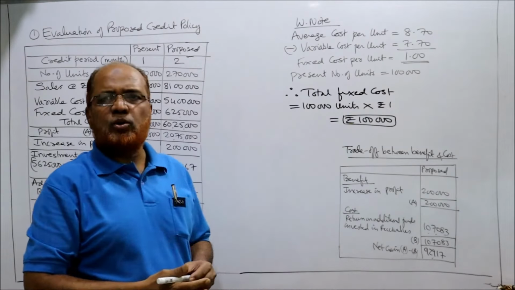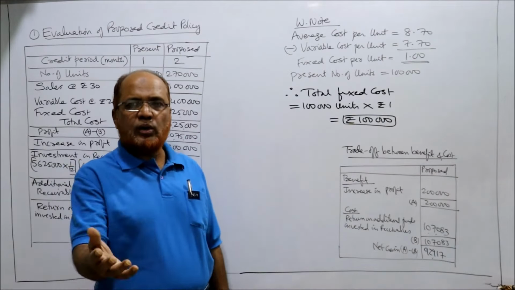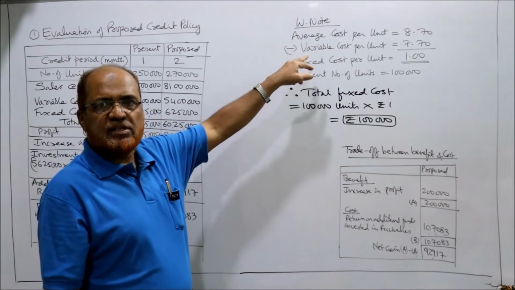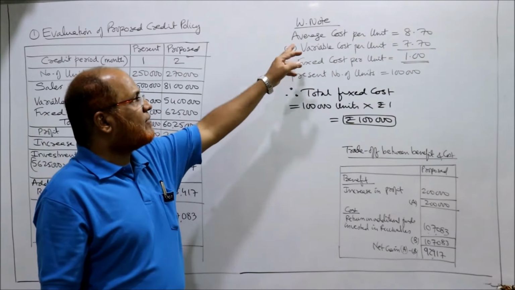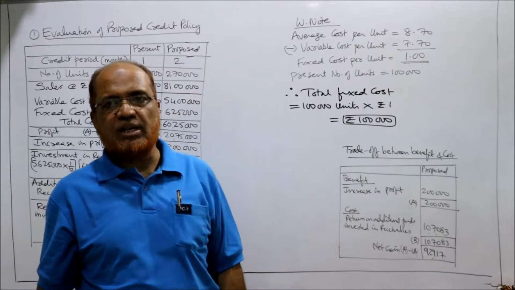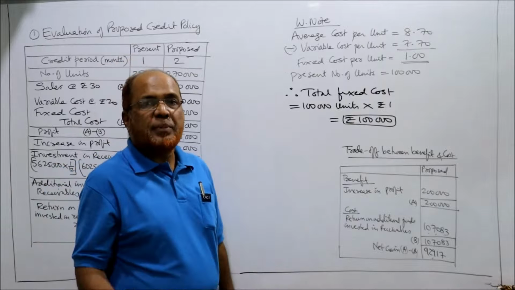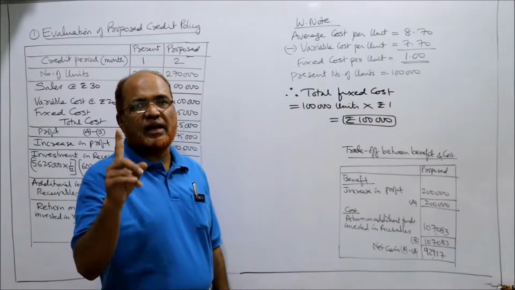See, in this problem total fixed cost is not given. We have to calculate. So how to calculate? From the average cost we subtract the variable cost. So average cost minus variable cost will give fixed cost. Per unit fixed cost is 1 rupee. Presently the number of units we are making is 1 lakh units.